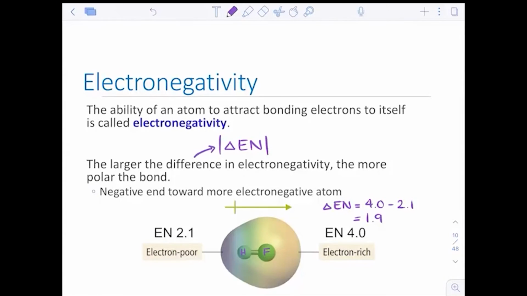And what we see here is that fluorine has the delta minus, hydrogen has the delta plus. We can draw this dipole arrow. It always points towards the atom that has the delta minus, and it has this little positive symbol down at the other end where the atom that is electron deficient, who has the delta plus.